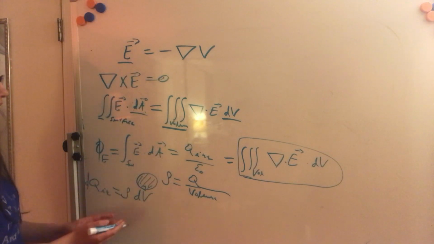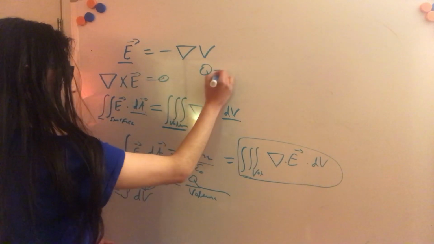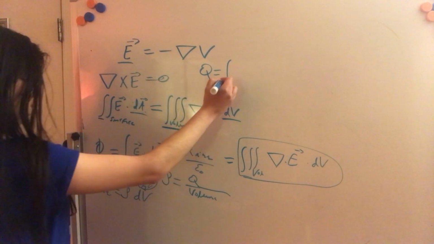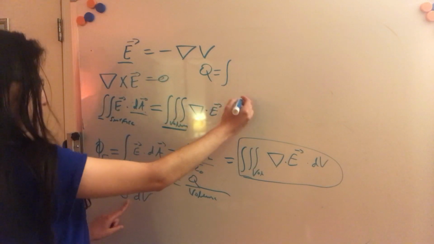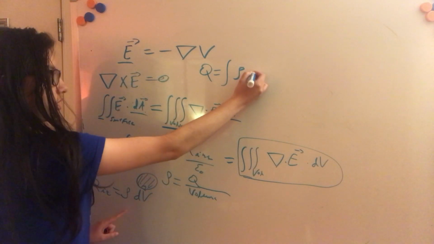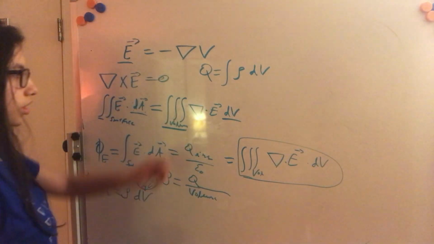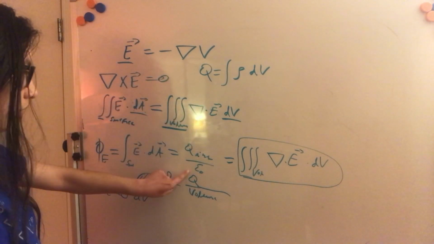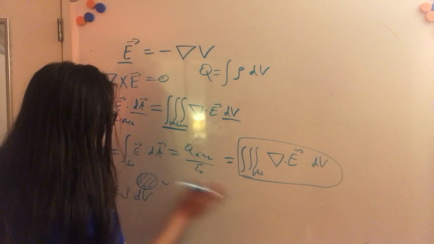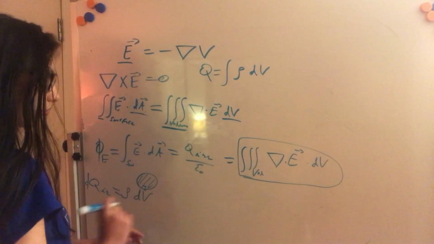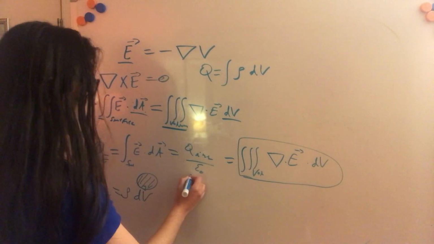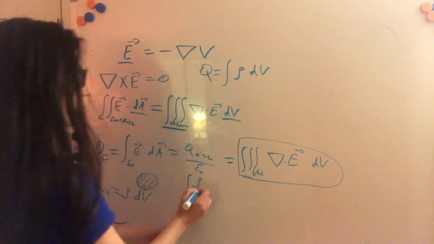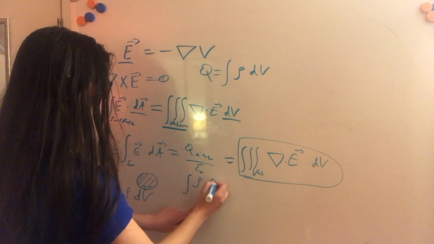If we want all the charge, we would have the integral of the charge density dV. This is all the charge that is inside. So here we can replace it by the integral of the charge density dV.